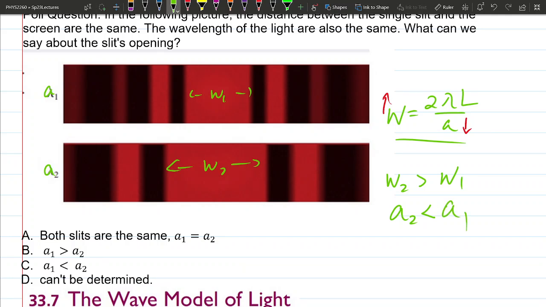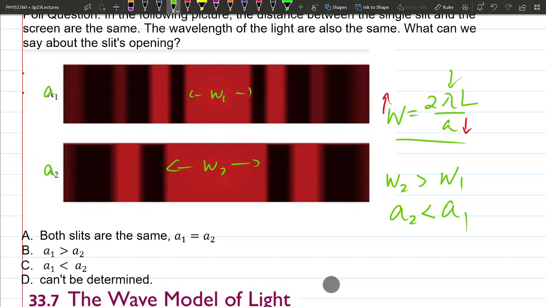Hopefully that makes sense. And then if you want, you can actually calculate the value if you know the wavelength and the distance to the screen, because you have 4 variables. If you know the other 3, you can calculate the 4th one. So that's the single slit diffraction interference pattern.